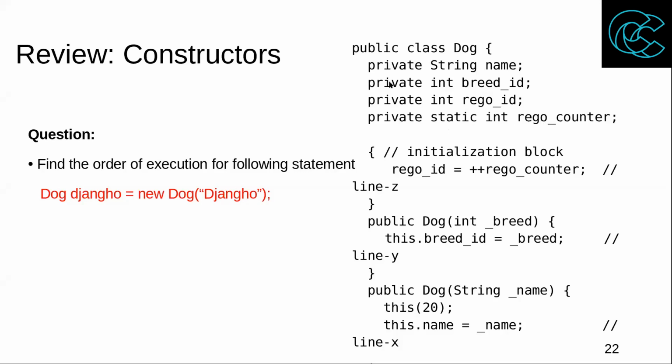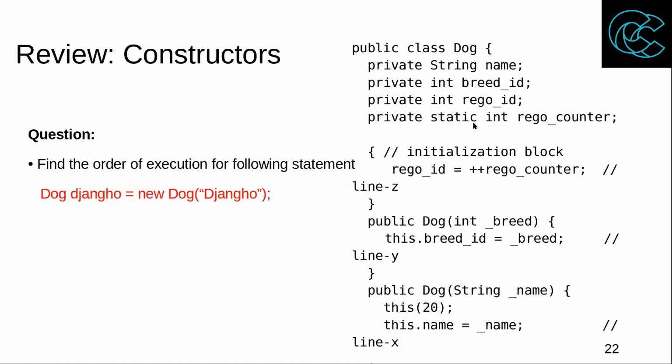Object 1 will have a different name compared to object 2. Object 1 may have Django, and object 2 could be called Tiger, for example. The breed ID could be different and the registration number ID is different. But in the case of static, if you keep something as static, then it is common for all the objects. So this is like a class level variable, not an object level variable.